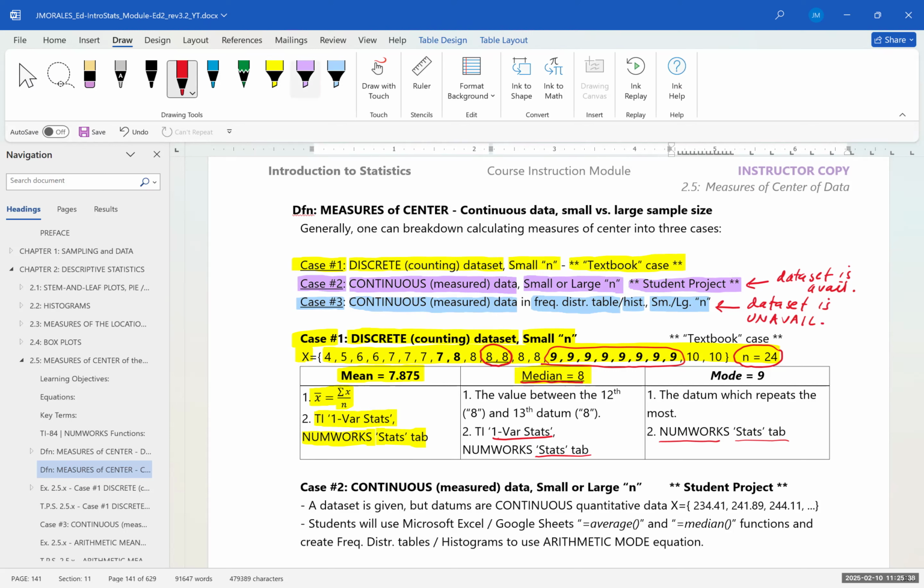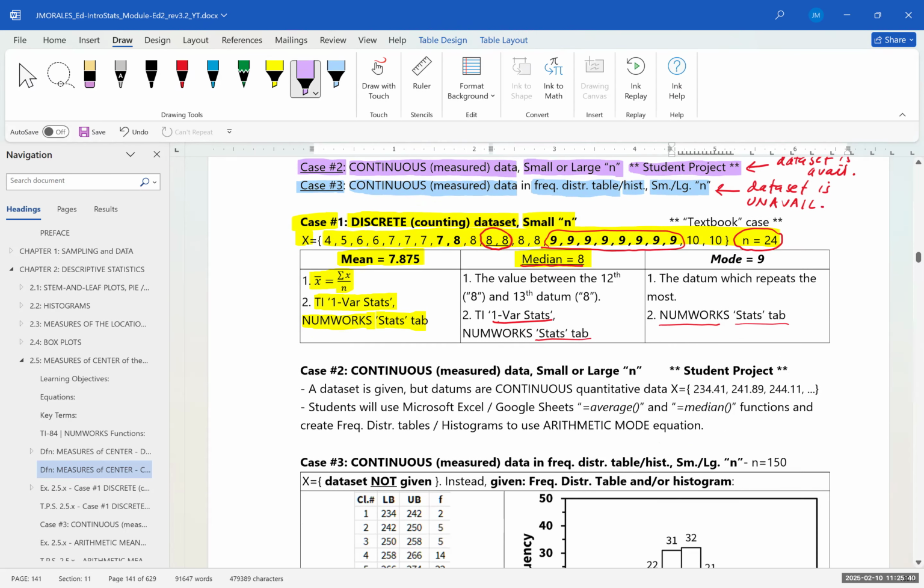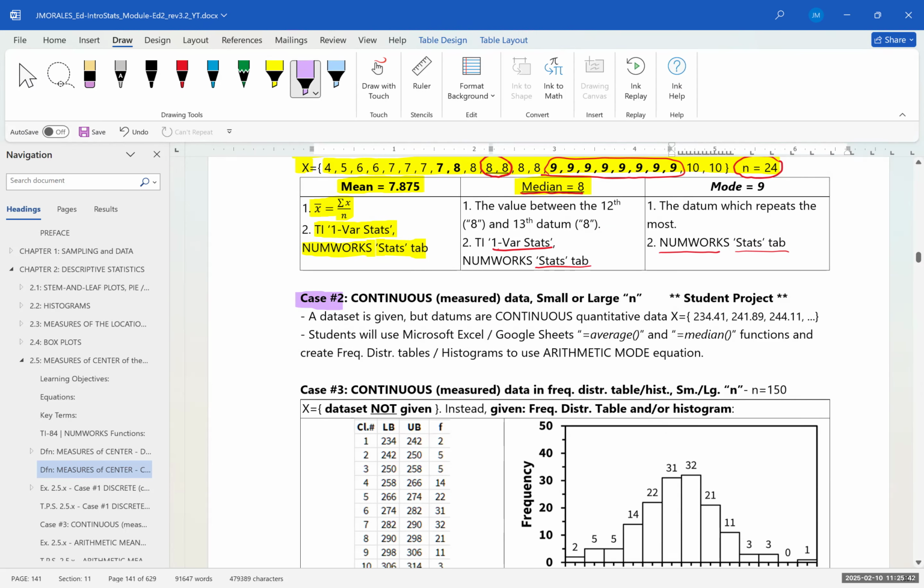Now, moving on to case two. Here you're dealing with measured data. This will be data that most often has decimal points with either small or large sample sizes. Again, this is what you're going to see in your student project.